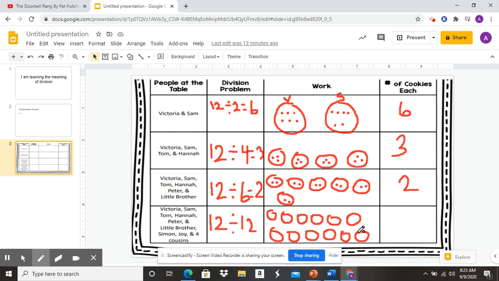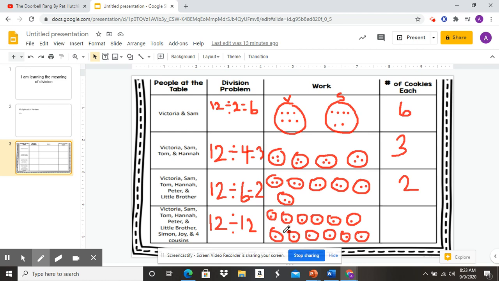Now I've got to share equally those 12 cookies. So that's 1, 2, 3, 4, 5, 6, 7, 8, 9, 10, 11, and 12.